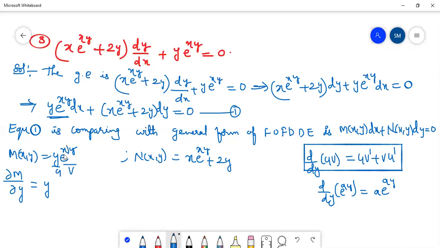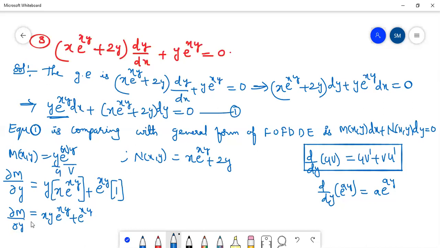Here x is a constant. Why? Because m is derivative with respect to y partially, so any x variable there, we take as a constant. So here u is y, e power xy differentiation is x e power xy, plus v as it is e power xy, u derivative is 1. So it is equal to xy e power xy plus e power xy. It is the derivative of m function.